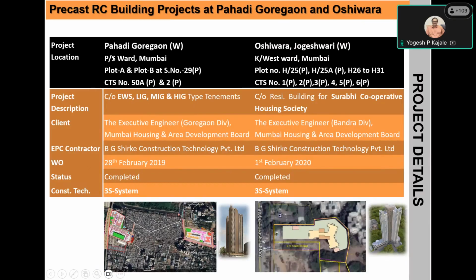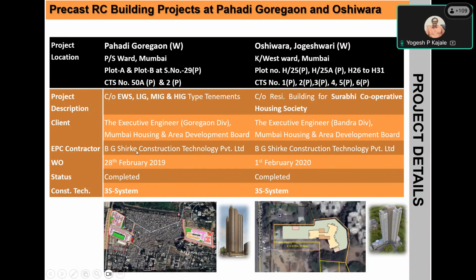These two projects which I am going to share with you as case studies are one at Pahadi Goregaon, which is a 39-story building, and the other at Jogeshwari Oshivara, which is a 29-story building. Both the projects have been completed, and both were for Maharashtra Housing Area Development Authority.